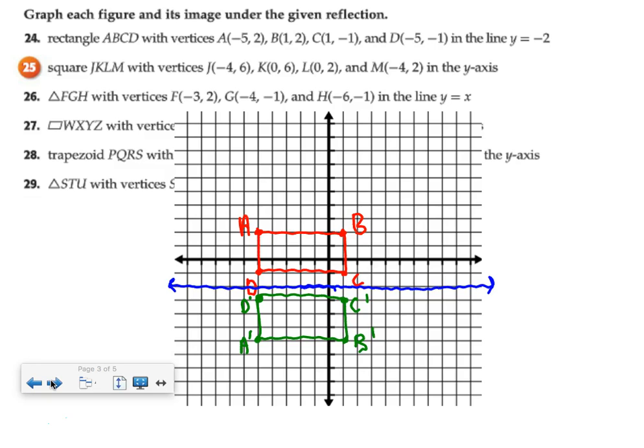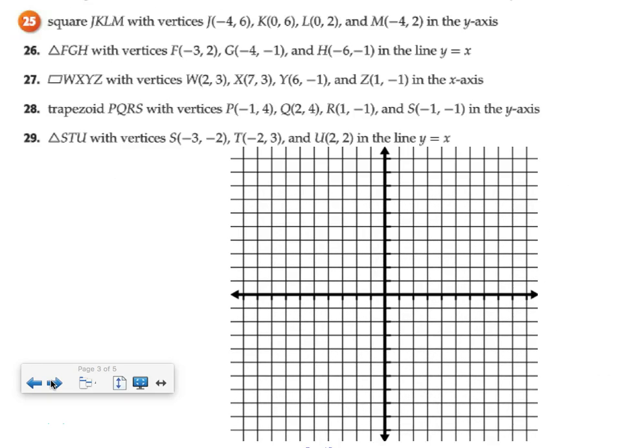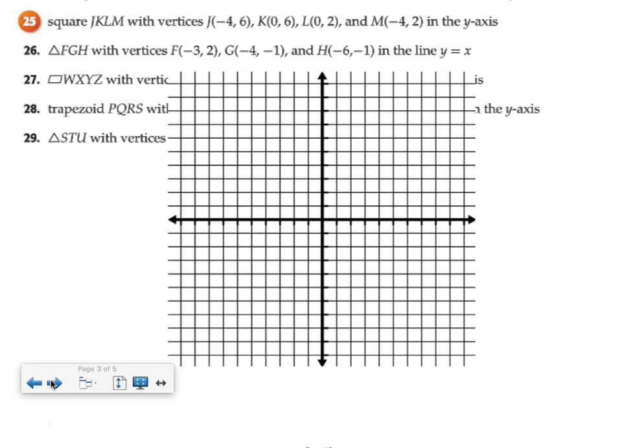Okay, I'm going to erase this so I can see what the other examples were. All right, 26 is triangle over y equals x. Let's do that one because that one's kind of tricky. Okay, so let's first graph that triangle FGH.